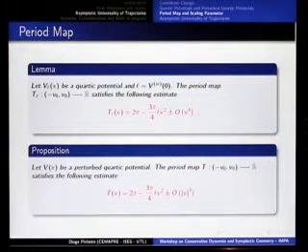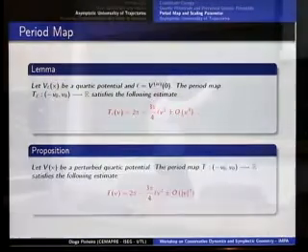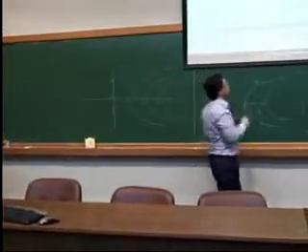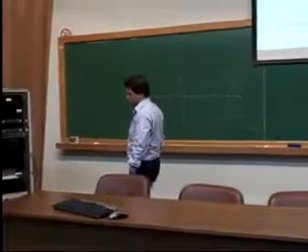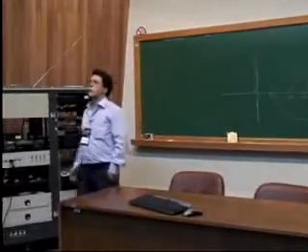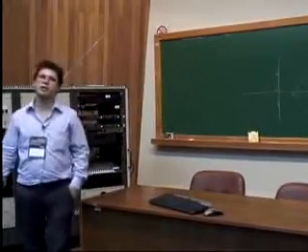Since we have an explicit knowledge of the quartic potentials, we can compute a Taylor series for its period map. And again, we can obtain a Taylor series for the period map for the perturbed quartic potentials, just lowering a bit the estimate.